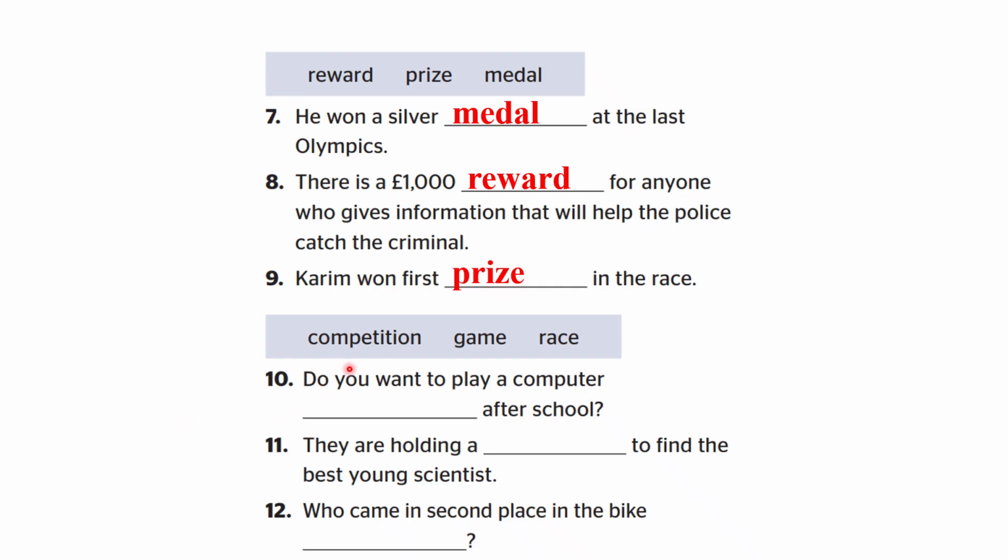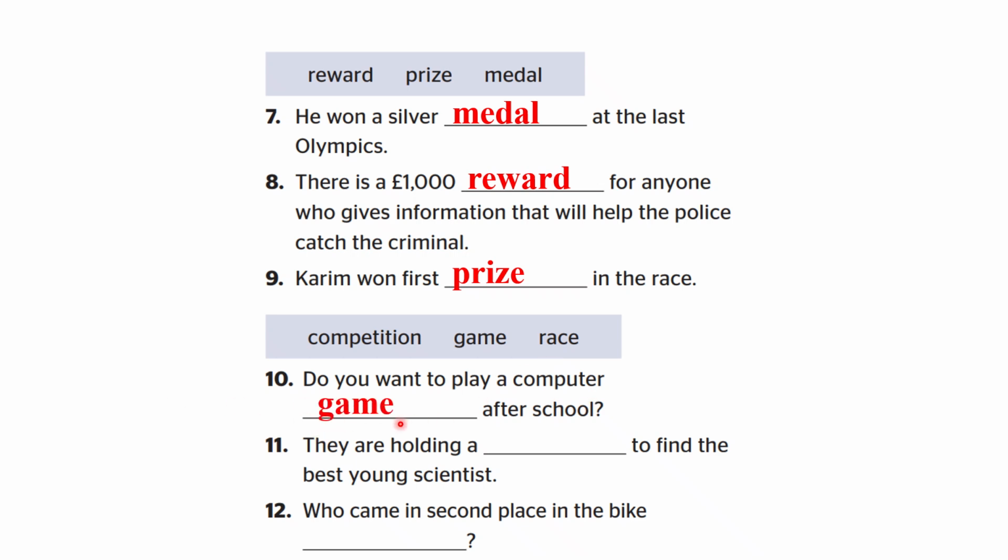Okay, we go to the next words. Competition, game, and race. What's the difference? Okay, we know that in a competition there is a winner and a loser. In a game there is not necessarily a winner or a loser, it's just a game. And in a race we need to know who comes first, second, and third. So in sentence 10, do you want to play a computer game?